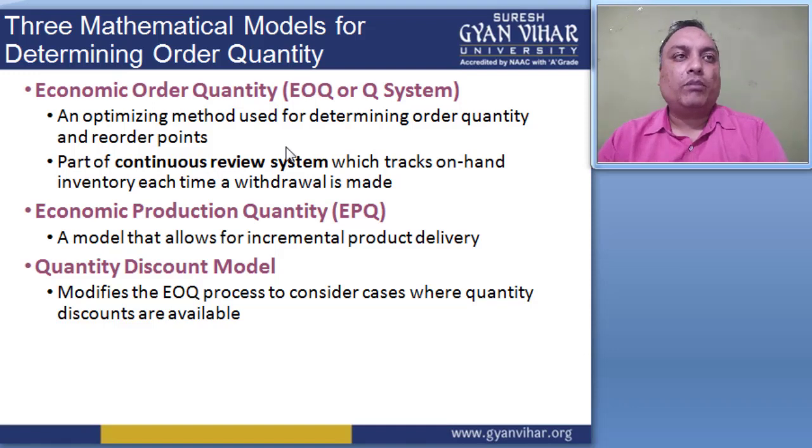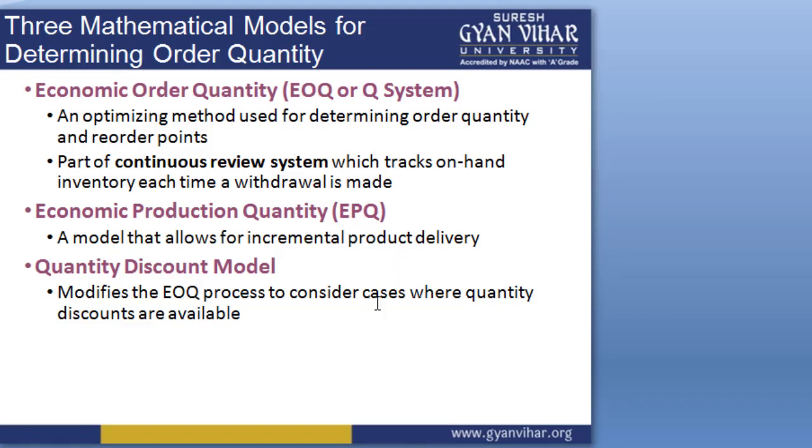The third case is the economic production quantity, the EPQ, a model that allows for incremental product delivery. And the quantity discount model modifies the EOQ process to consider cases where quantity discounts are available. So these are the three types of models.